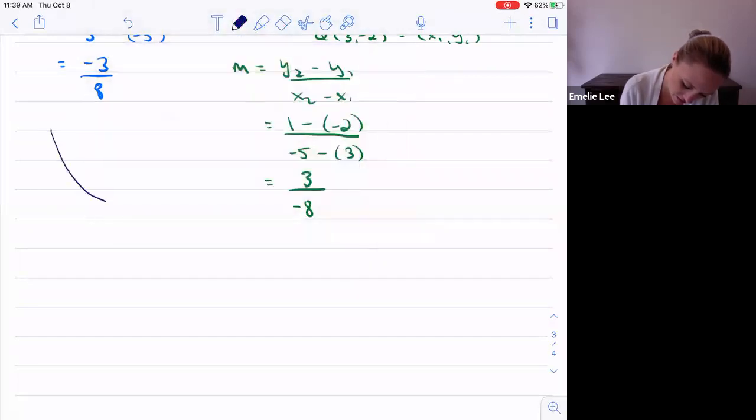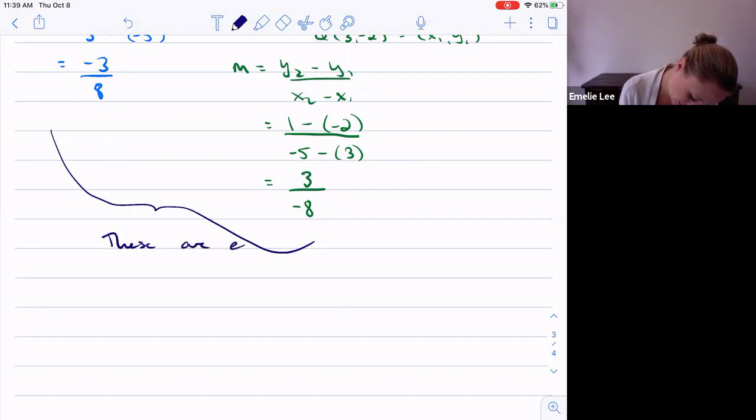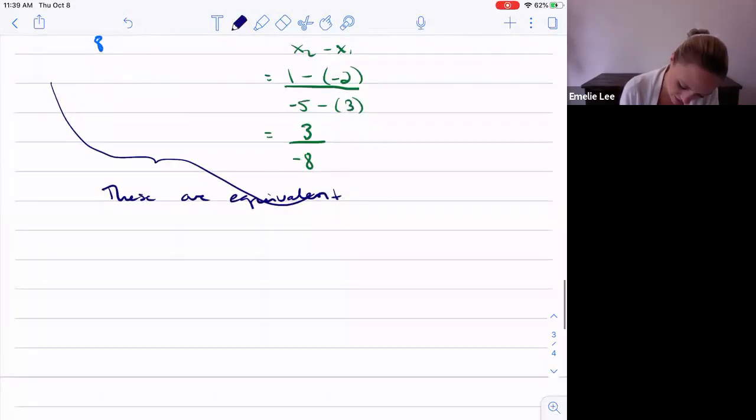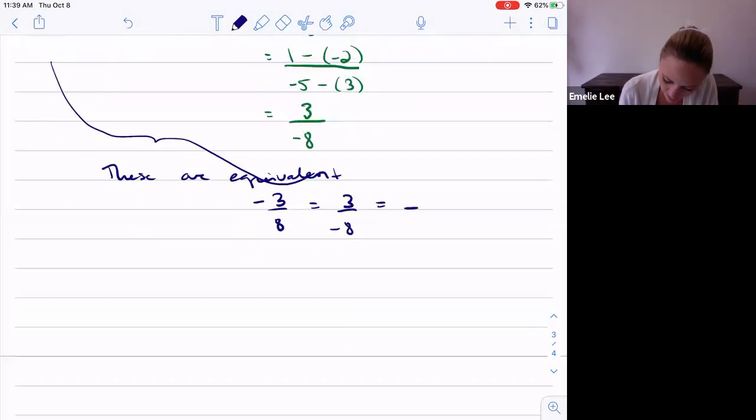These are equivalent, because 3/-8 is the same thing as -3/8, because you can rewrite it as -3/8. Those are all different, technically, but they all mean the same thing. Good.